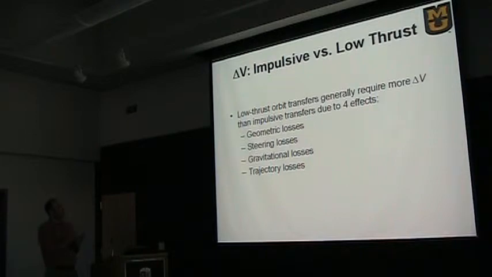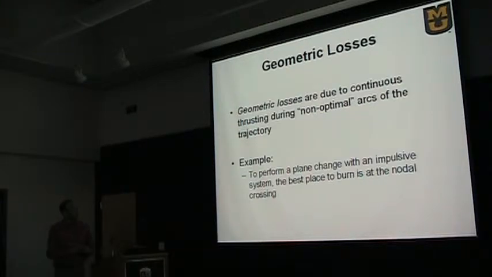Let me show very briefly some differences between the velocity change of impulsive transfers and low thrust transfers. Low thrust transfers generally require more delta V for 4 reasons. There are these different losses: geometric losses, steering losses, gravitational losses, and trajectory losses. So again, very briefly, geometric losses mean there are points in the orbit where I don't necessarily want to be thrusting because the geometry is not optimal.